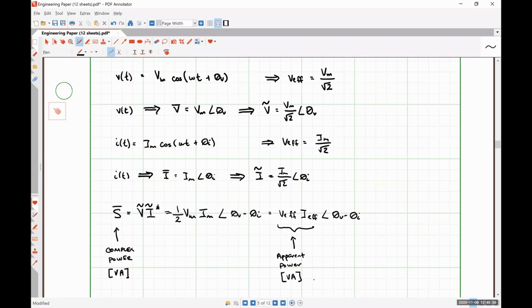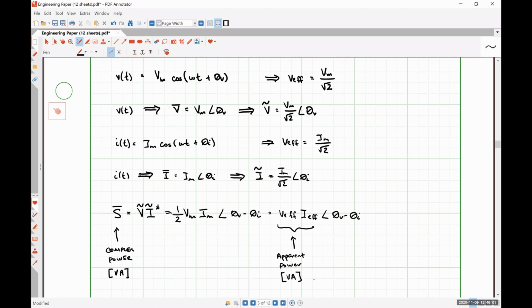How many of you have ever had to buy a universal power supply or something like that for a computer or a generator or anything? I got 2 people raising their hand. So when you buy it, it usually gives you 2 figures of merit, the amount of watts that it can generate and the amount of volt amperes that it can generate. Those volt amperes are the apparent power, right?